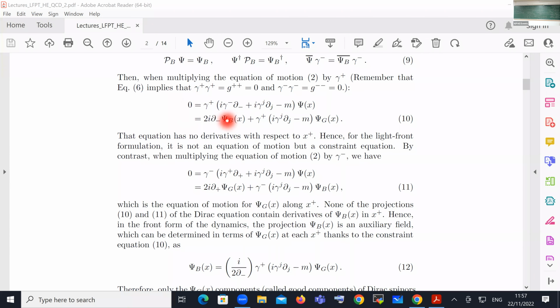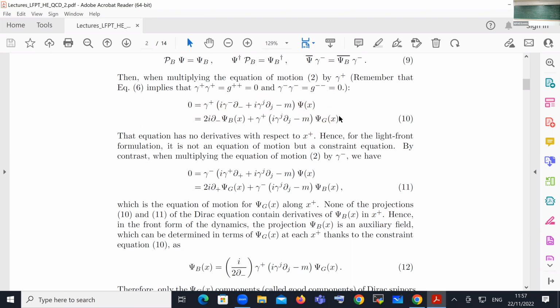In particular, if you take the Dirac equation and multiply it by gamma plus, you can write separately all the gamma mu d mu, with all the coordinates separate, and you see there was a contribution which used to be gamma plus and the derivative with respect to x plus, but it's killed by the multiplication by gamma plus here. So we have only these three terms.